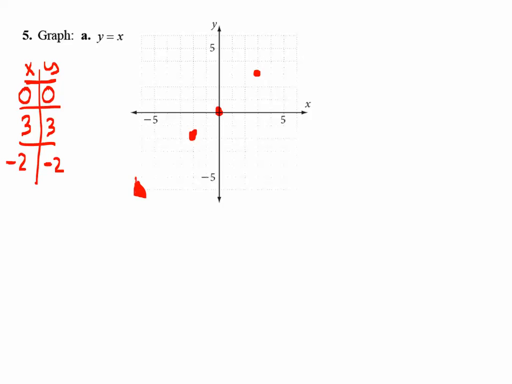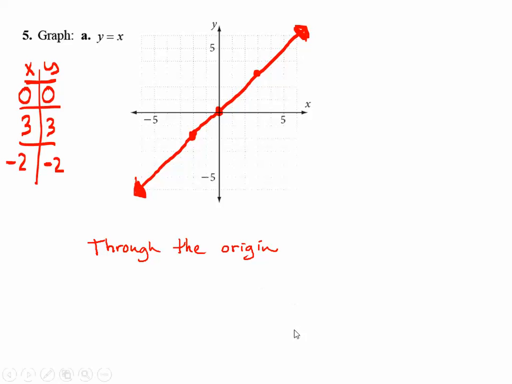It's this diagonal line that comes straight through the origin. Okay, your book calls this the line that goes through the origin. Alright, so one category of lines is the ones that go through the origin.